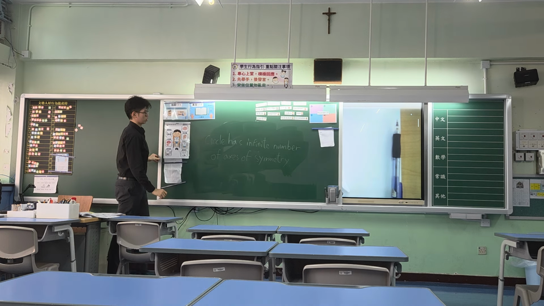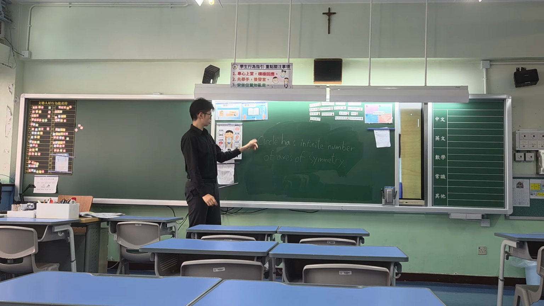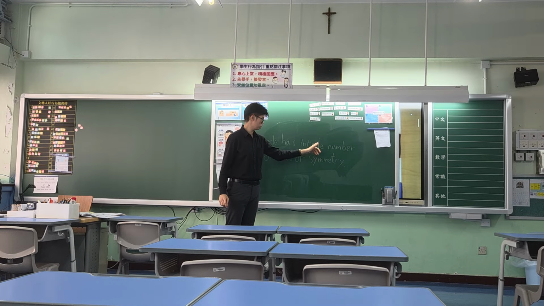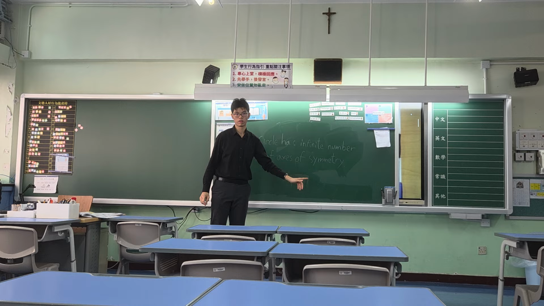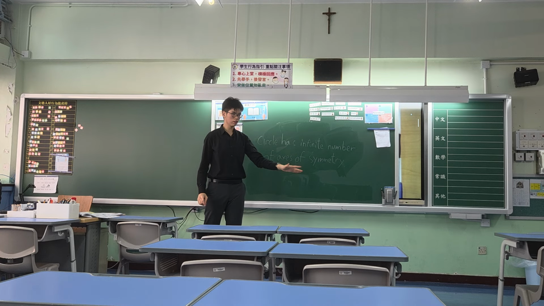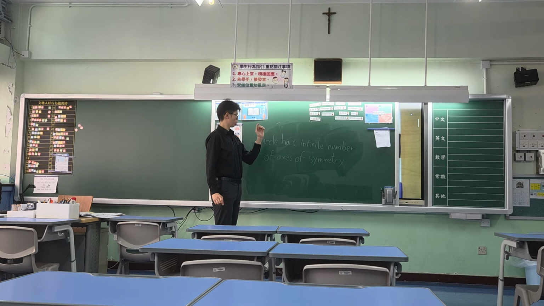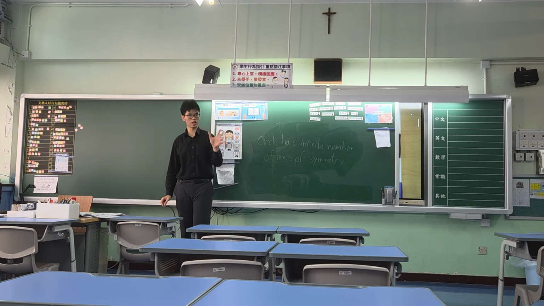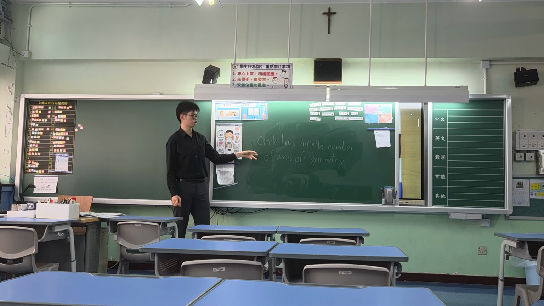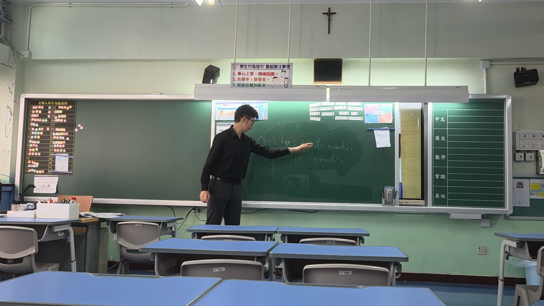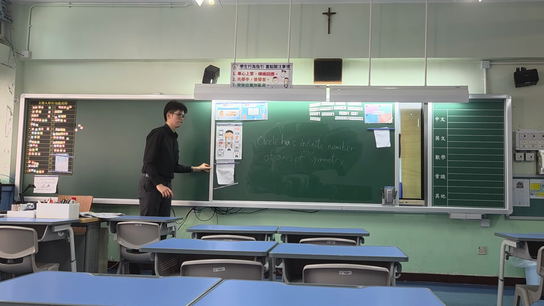Okay, please write down in your password book: a circle has infinite numbers of axes of symmetry. Because we can draw unlimited diameters of a circle, and a diameter is an axis of symmetry of a circle as well. So we can conclude that a circle has infinite number of axes of symmetry. I give you 30 seconds. Please write it down in your password book, okay?